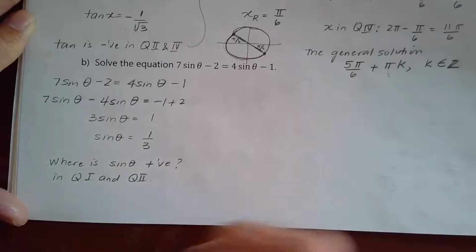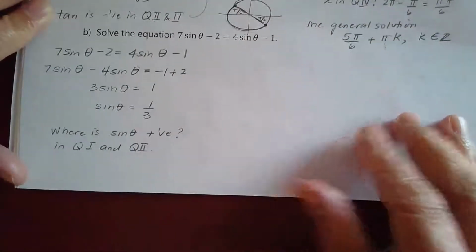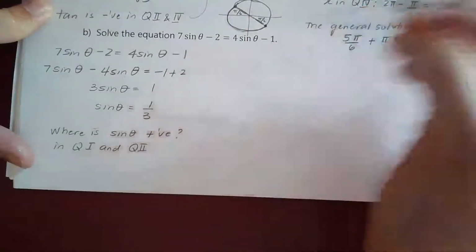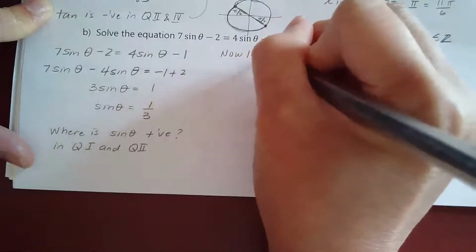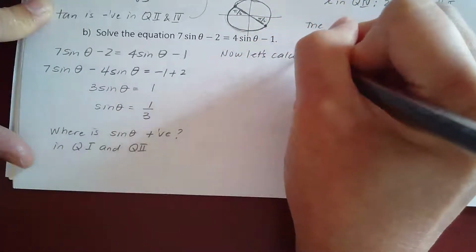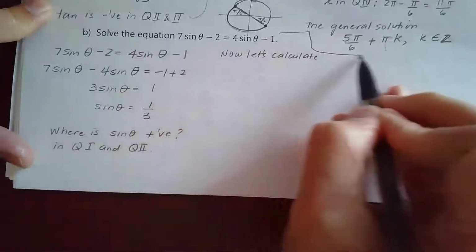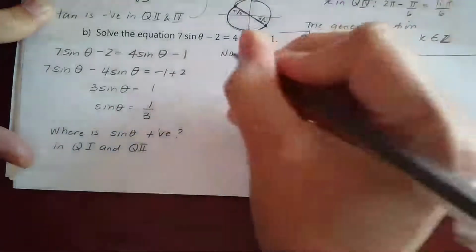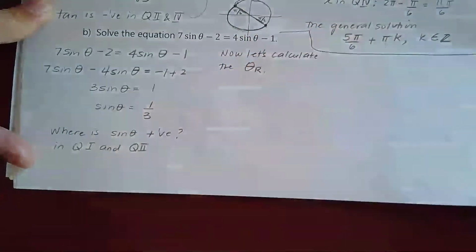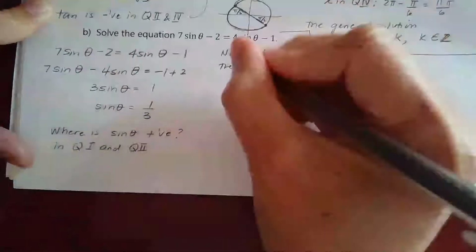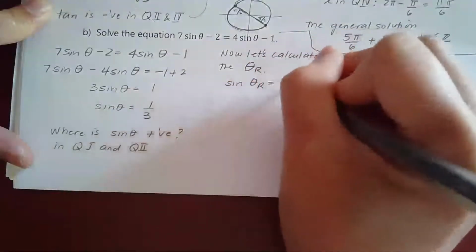Now let's take a look at the sine theta reference angle. Let's calculate the reference angle. So what's a reference angle? The sine of the reference angle is equal to 1/3.